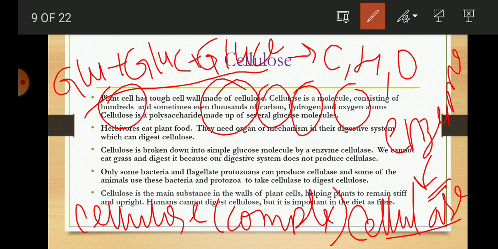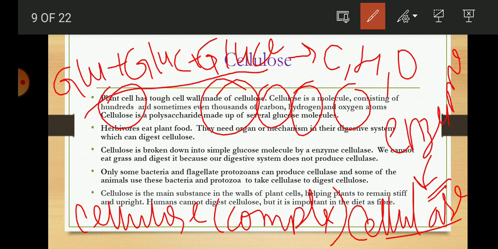And how do these bacteria work? The bacteria produce the cellulose digesting enzyme, that is cellulase. This cellulase breaks down the cellulose into the simple form, that is glucose molecules, only in the case of ruminants.